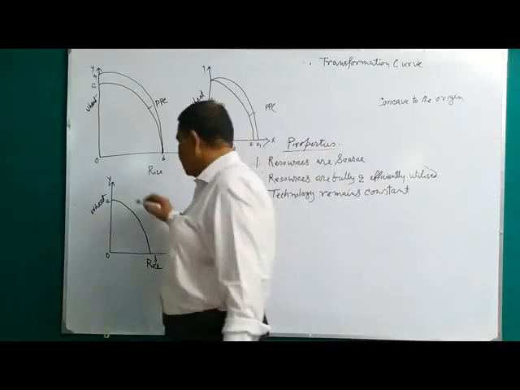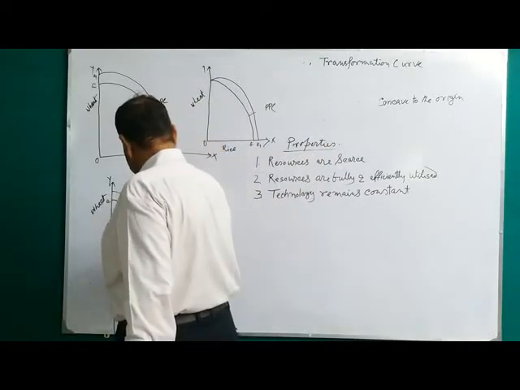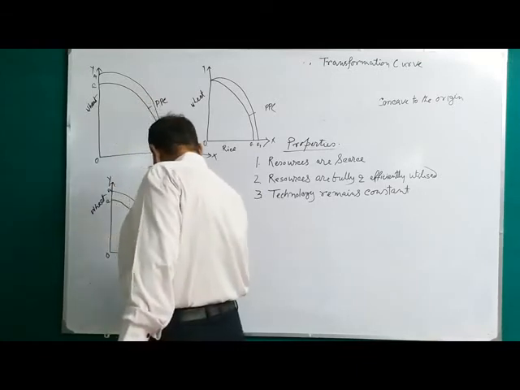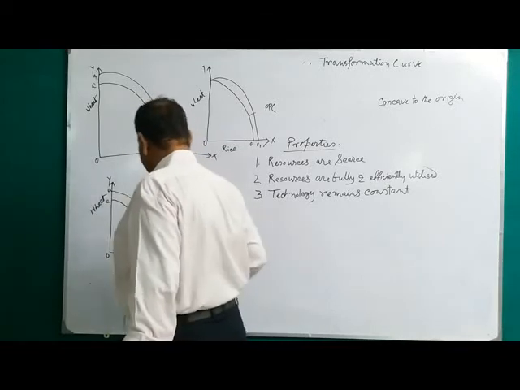The PPC curve will shift to the right. In case of A, it will be A1, B1.